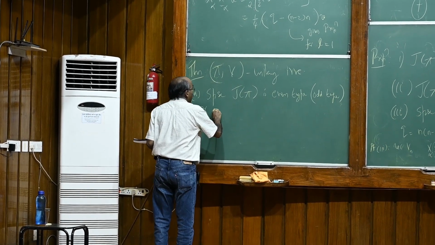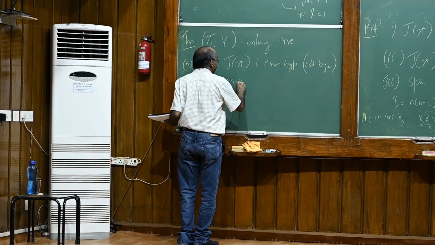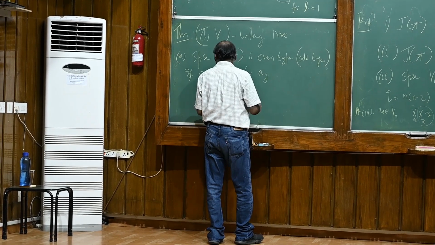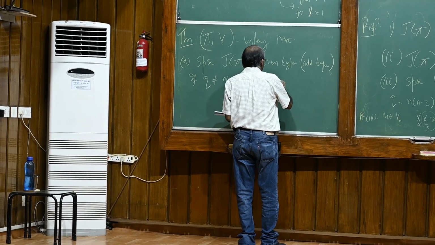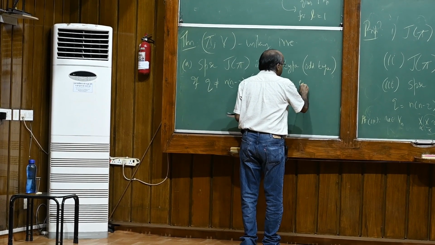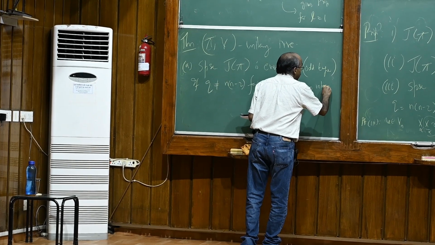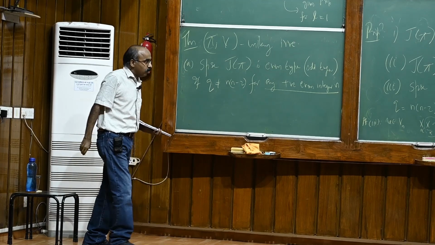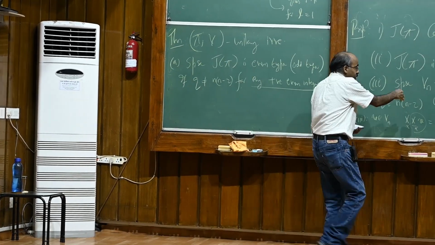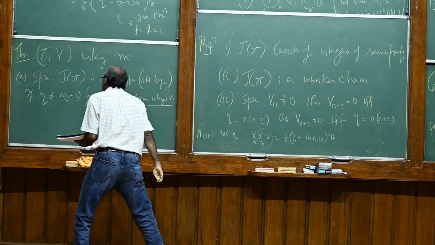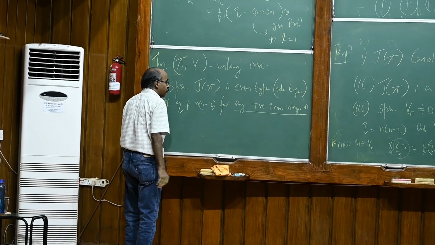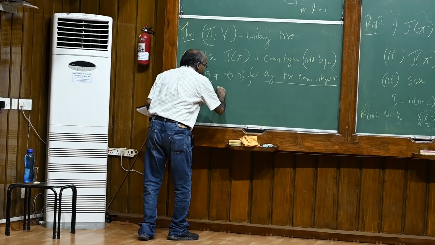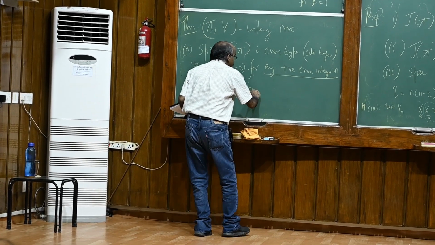If q is not equal to n into n minus 2 for any positive even integer n, because we are trying to rule out the case where some of the Vn's can be 0, then J pi is doubly infinite.